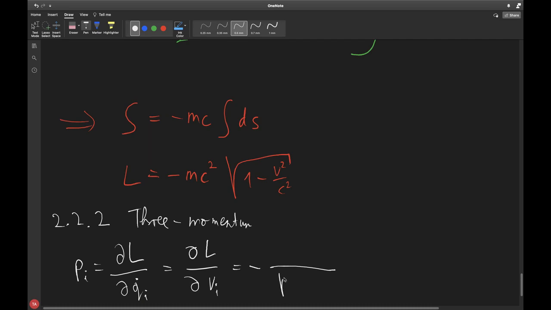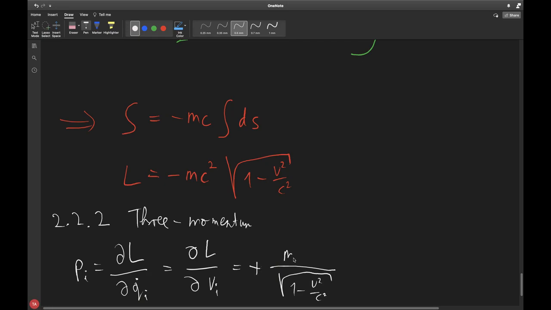So I have 1 over the square root of 1 minus v squared over c squared. And then we do the derivative of what's inside of this function. The derivative of 1 is 0. The derivative of v squared over c squared by v is going to give us 1 over c squared, and so that is actually destroying the c from here. And I also have a minus here, so in the end, this will become a plus.